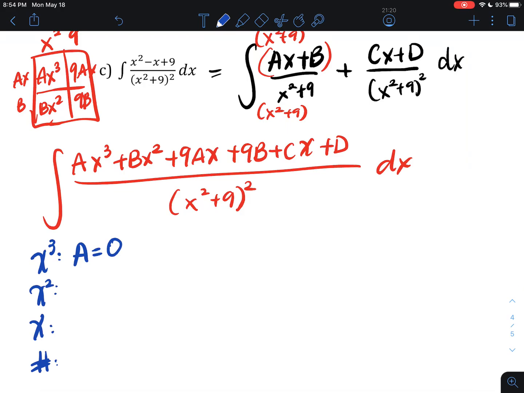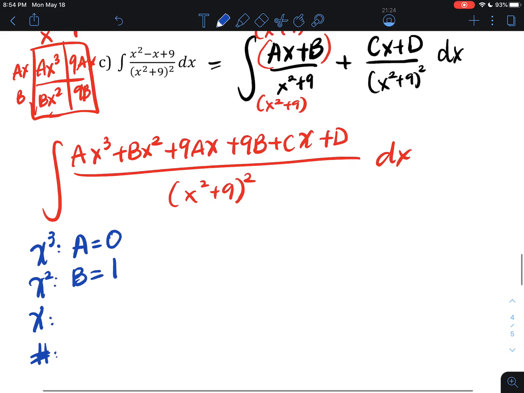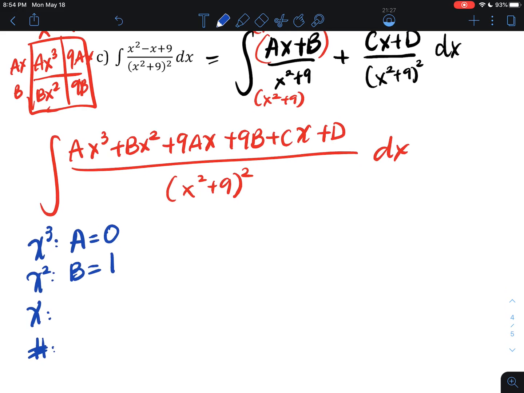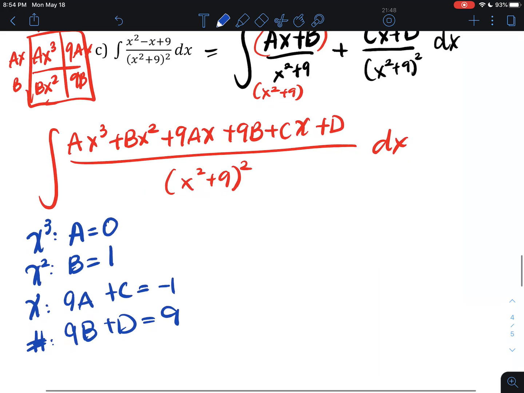X squared, I have again just b, so then b equals 1, because the coefficient is 1. For x, I have 9a plus c equals -1. And then for the constant term, I have 9b plus d equals 9.